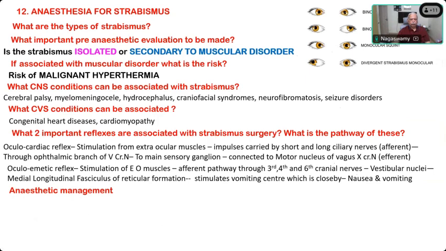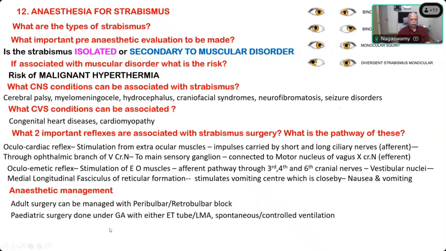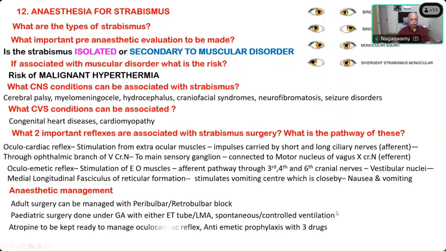Anesthetic management. Pre-op evaluation, pre-medication, general anesthesia with endotracheal intubation plus peribulbar or retrobulbar blocks. Adult surgery can be managed with peribulbar and retrobulbar block only, with or without sedation, whereas pediatric surgery is done with GA, either with an ETT tube or LMA, spontaneous and controlled ventilation.